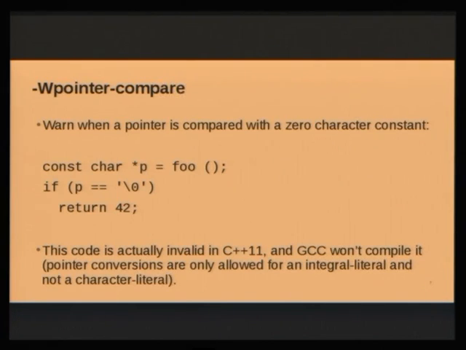Well, I would guess that people really don't use that because it doesn't make much sense. How would you compare a pointer with, like, pointer equals 1? Yeah, it's by accident, if you're missing the asterisk, you want to compare the first character and you forgot the star. Yeah, like comparing the space, for example.